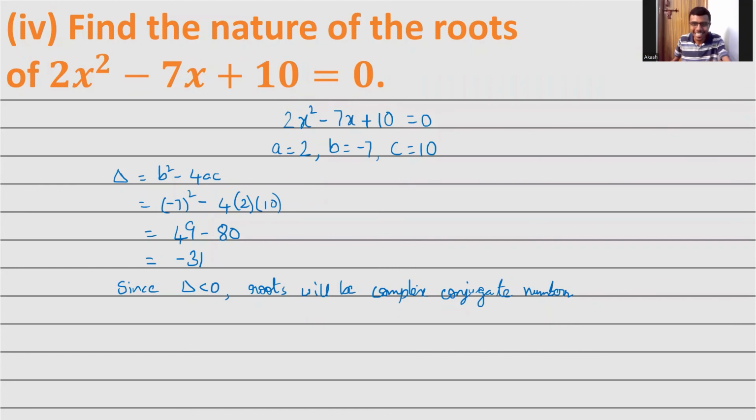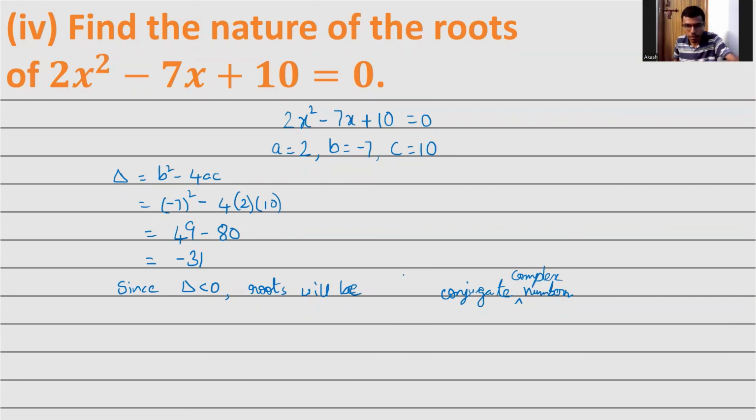Sorry, a mistake from my side. Roots are going to be actually, how should I put it? Conjugate complex numbers make sense. Roots will be conjugate complex numbers.